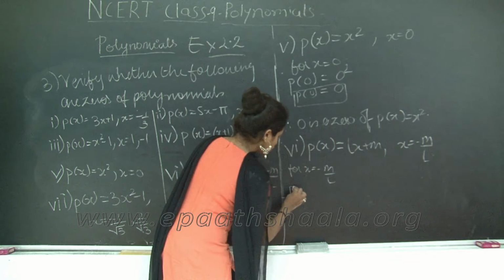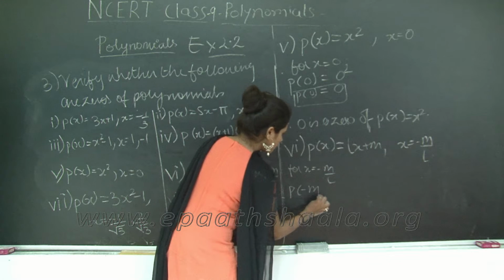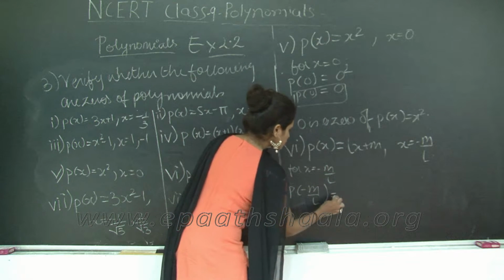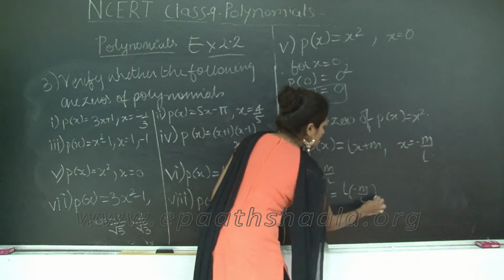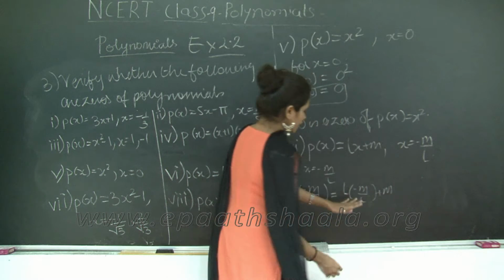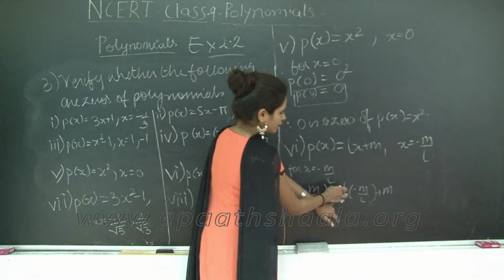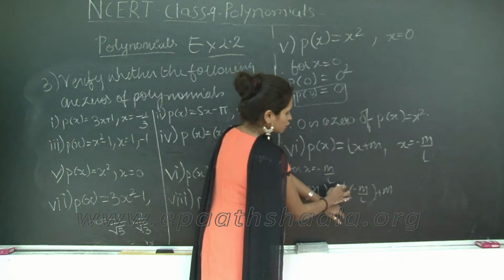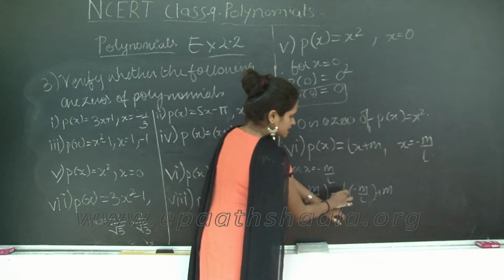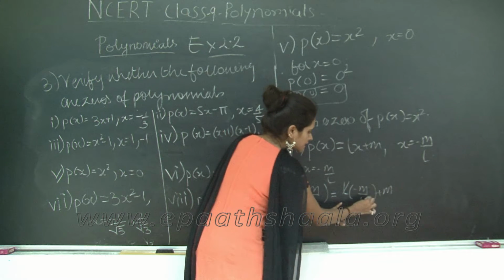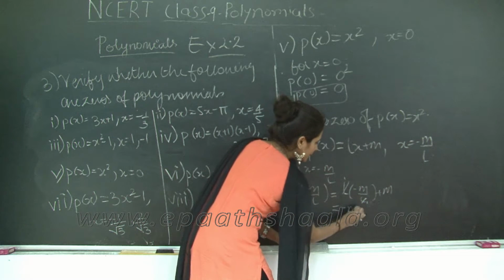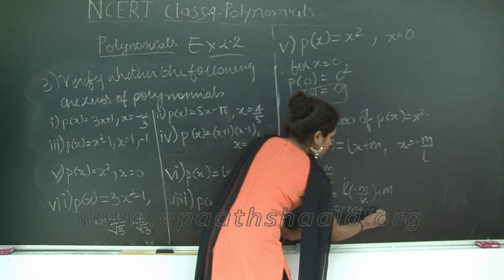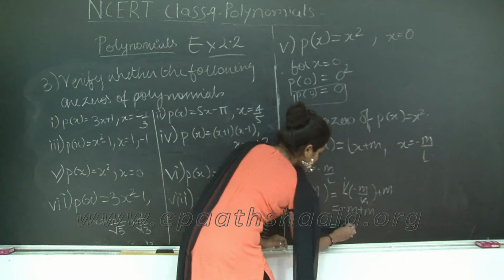Clear? So P of minus m upon L is going to be L into minus m upon L plus m. So if the value of L was 2, it would be 2 and 2. But this is the same term, so I am just going to cancel. L ones are L, okay. So I am left with minus m plus m, right, which is equal to 0.